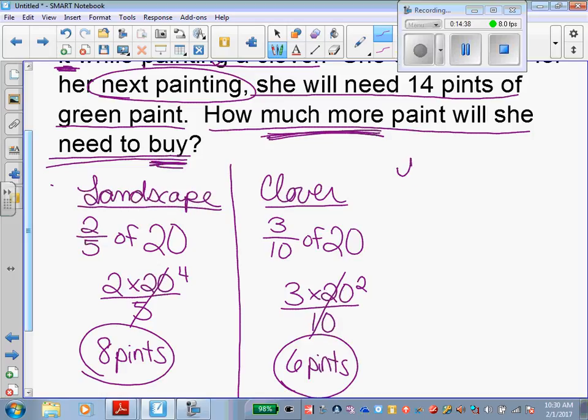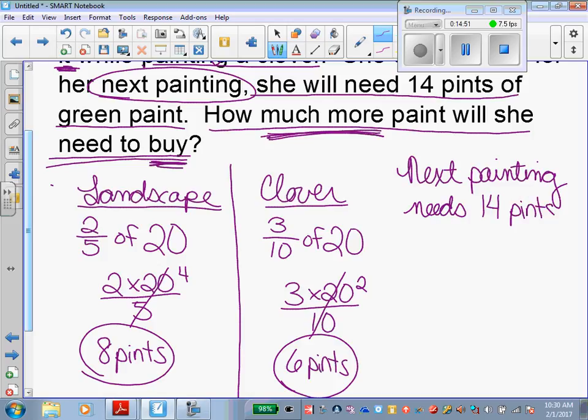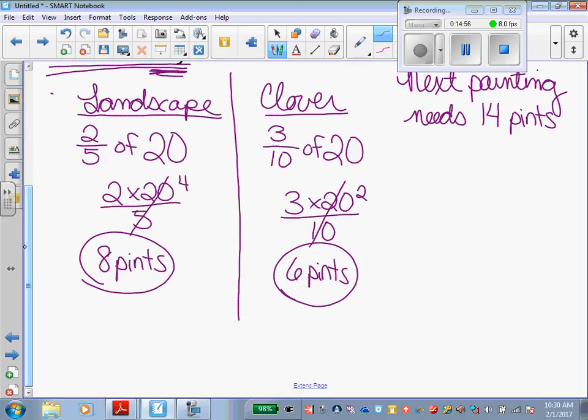Does she just need to buy 14 pints of paint?